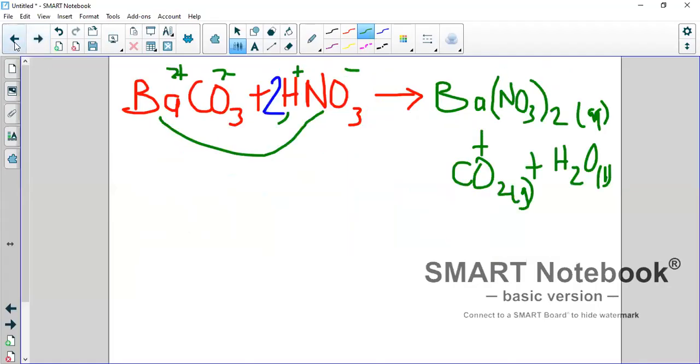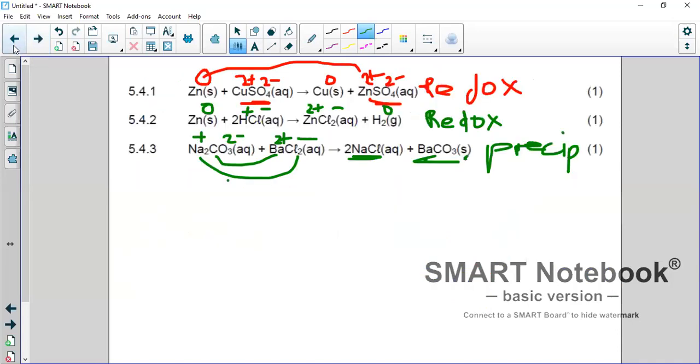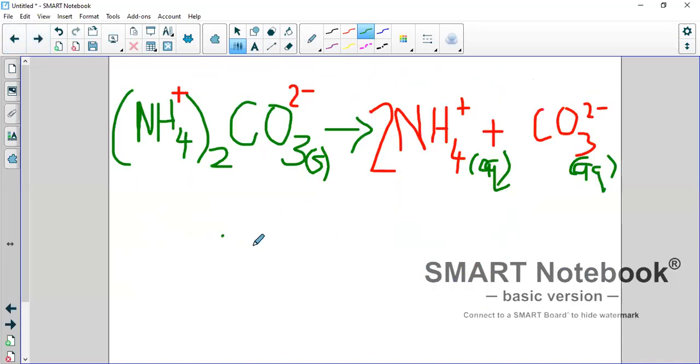You're going to look at the formula for ammonium carbonate. You're given (NH4)2CO3. Then you look at the charges.